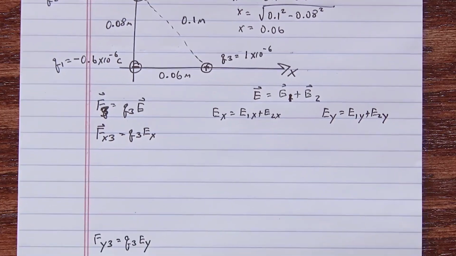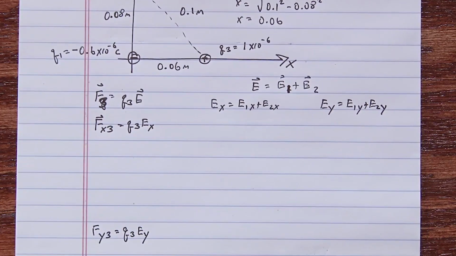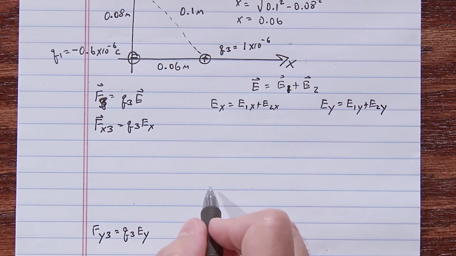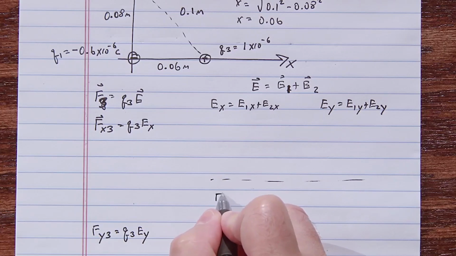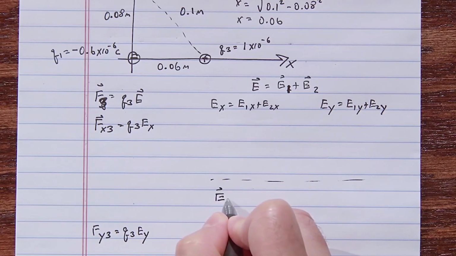Okay, let's go ahead and do that. Once again, I'm going to start a little bit further down the page to give me room to come back up here. I'll start here. E1, let's do E1.